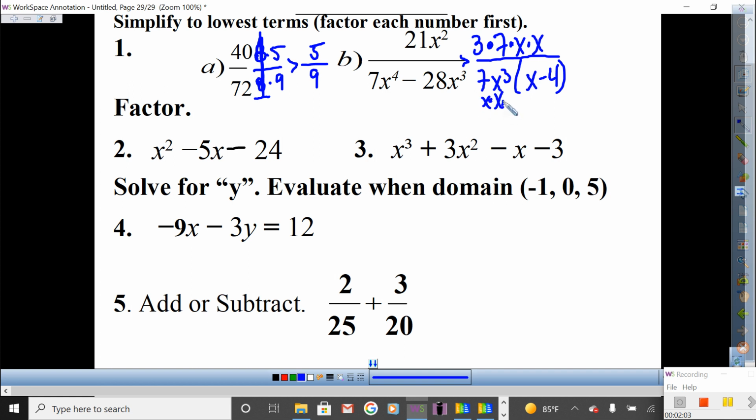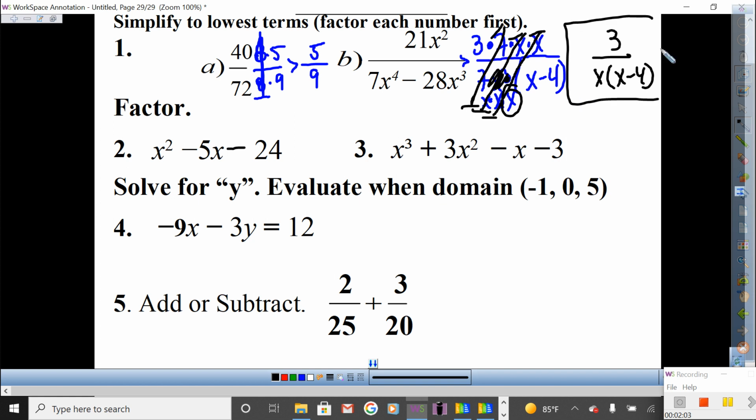X times x times x. It's easier to see the giant ones. You guys see the giant ones? Right here is 1. How about another? Yeah. So what does that leave us in the numerator? 3. How about in the denominator? X times x minus 4. There you go.